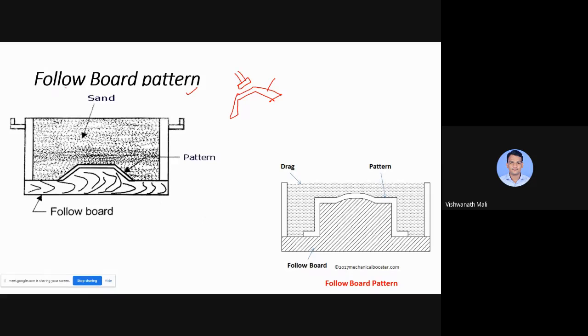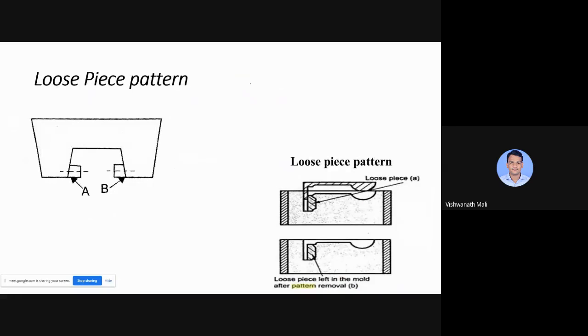We use the follow board. So here you can see this is the follow board. So this will provide the support to the pattern, which is of a delicate shape, and while ramming it, it will not break. So it will give a support to this pattern. So that is we call it as a follow board pattern, right?